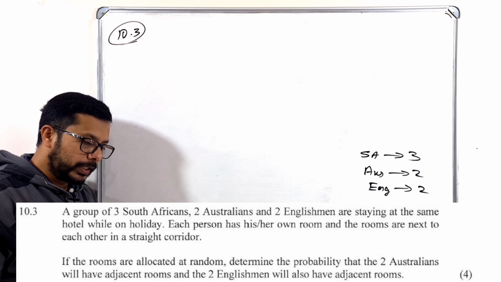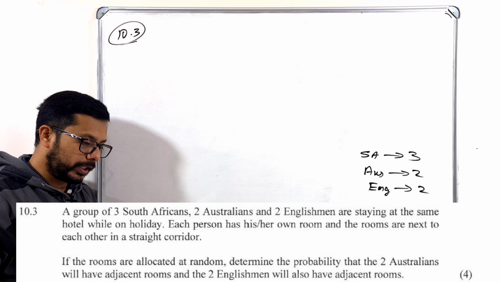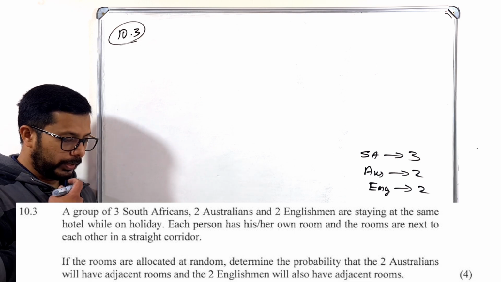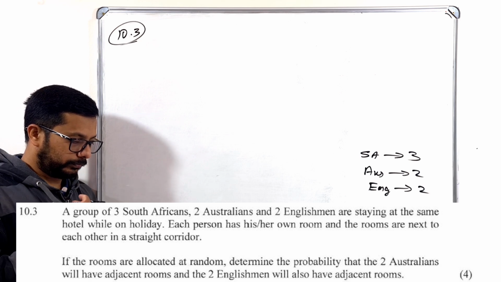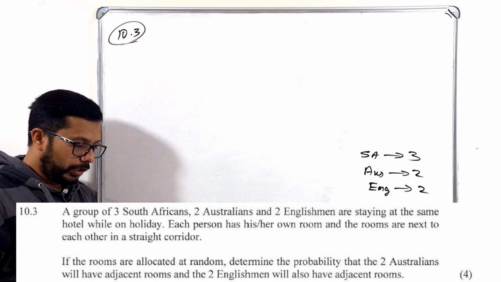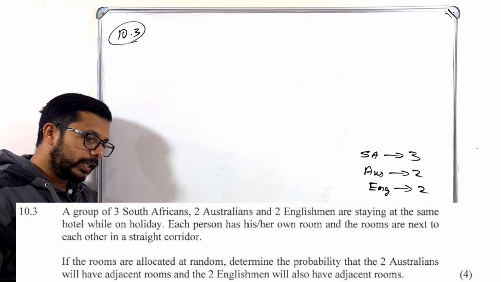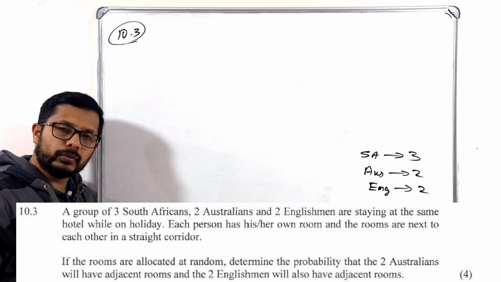Each person has his or her own room, and the rooms are next to each other in a straight corridor.